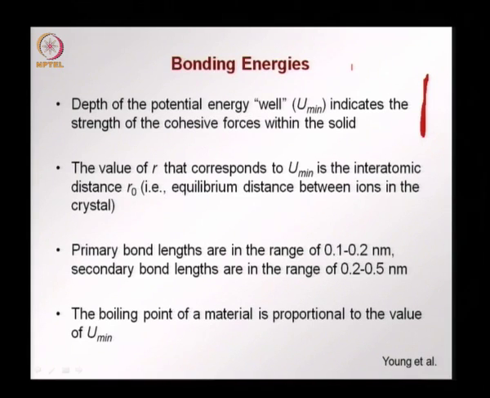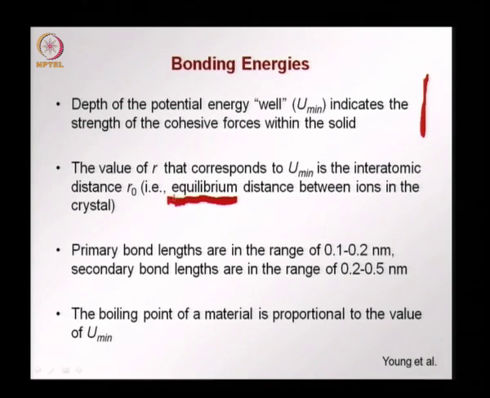And the value of r, the interparticle distance that corresponds to U minimum, is the interatomic distance r0, where there is an equilibrium between the ions in the crystal. So, that is the most stable state. These distances are not very large, they are sub nanometric.